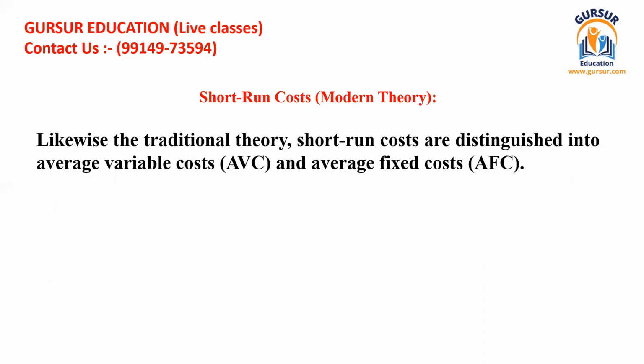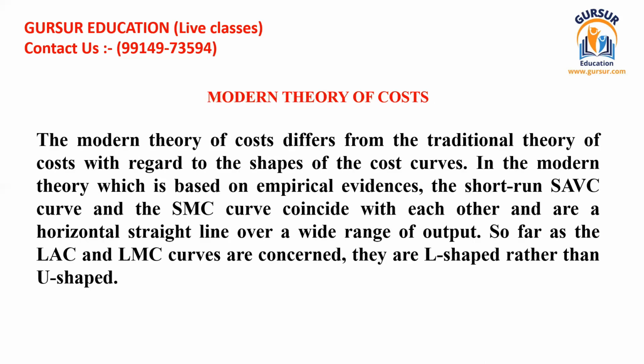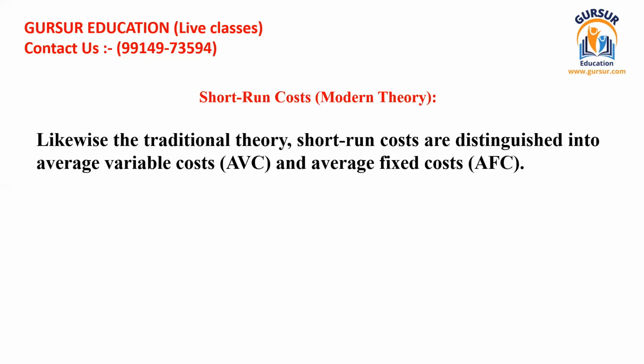In the modern theory, the cost can be divided into two parts: the first is short run cost and the second is long run cost. If we are talking about short run average cost, then this is the sum of average variable cost and average fixed cost.